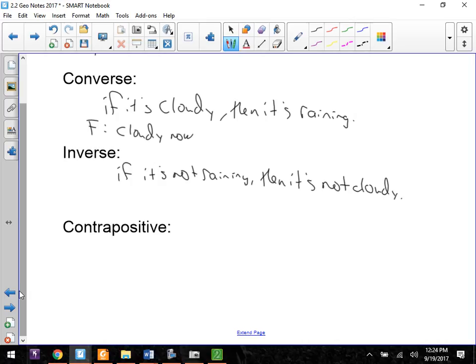True or false? False, because it's cloudy right now. A lot of times you can. You don't have to come up with a new one, and that's what's nice about a counterexample. A counterexample is anything that disproves it. So if it's not raining out right now, it's cloudy. There you go. There's your counterexample.